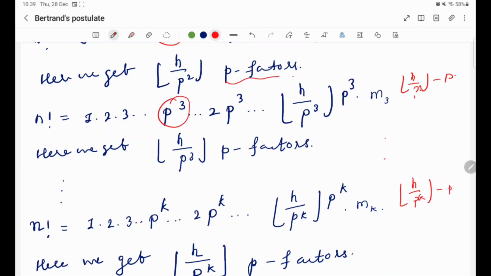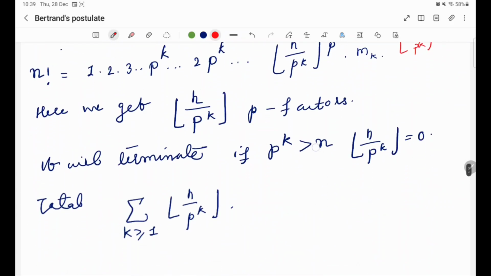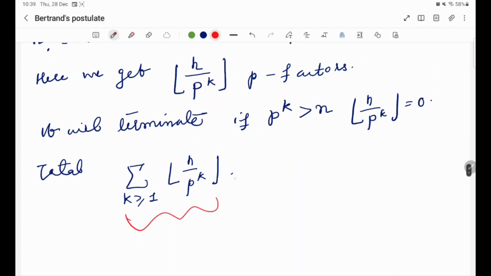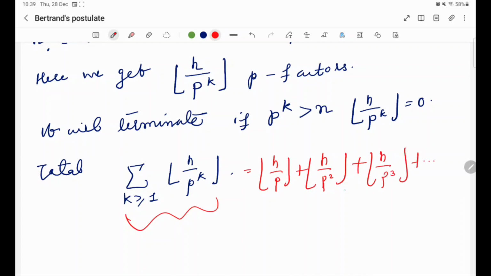So when you add all this, first I got n by p, then I counted n by p square, then I got n by p cube, and finally I got n by p power k. Because if p power k is greater than n, then I cannot even start with that, so I finish.